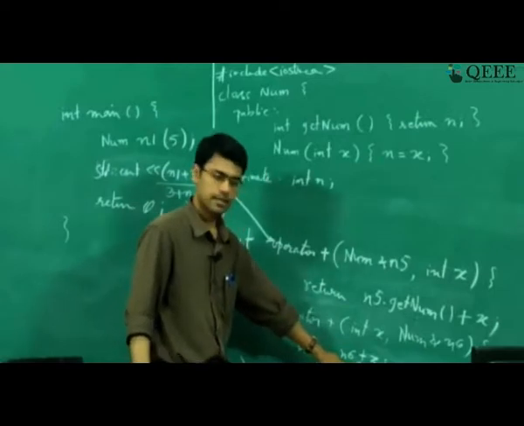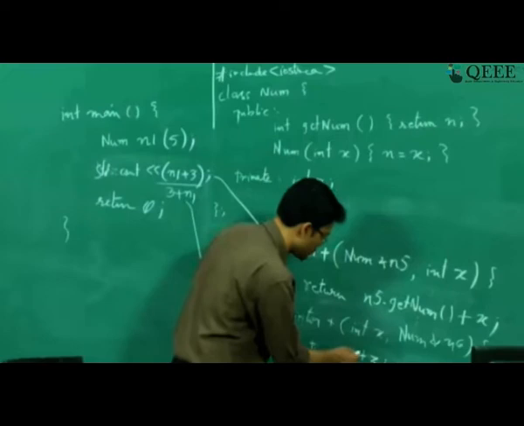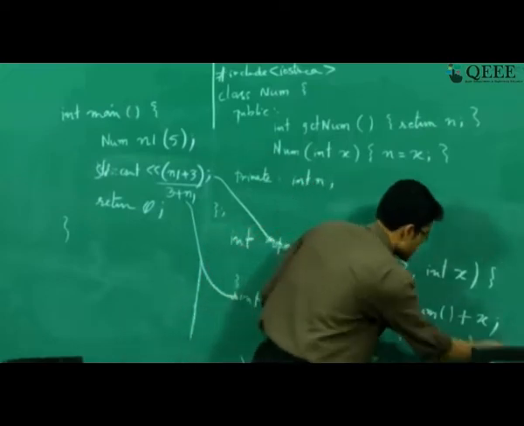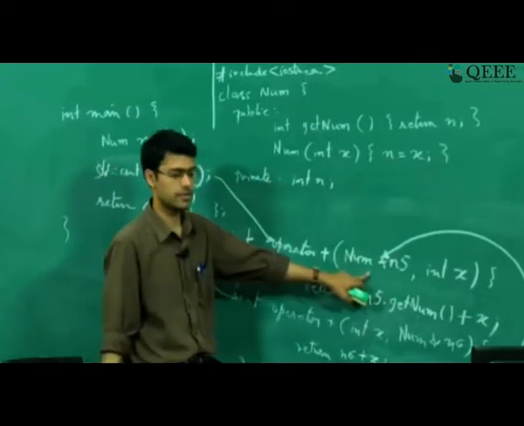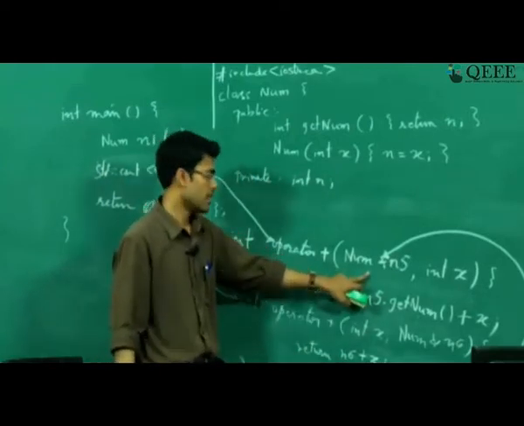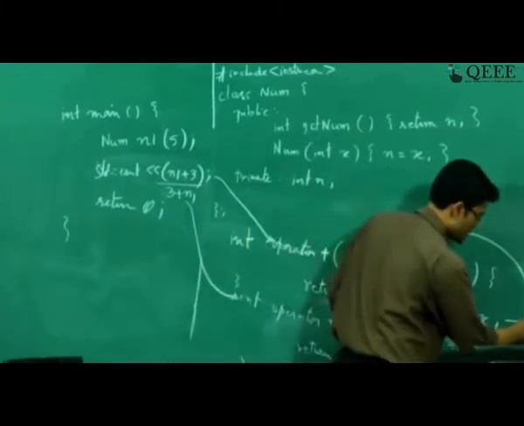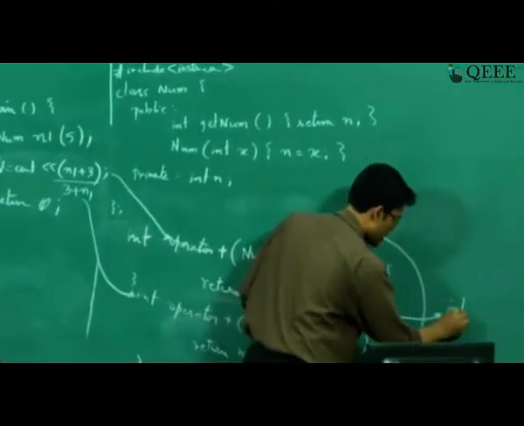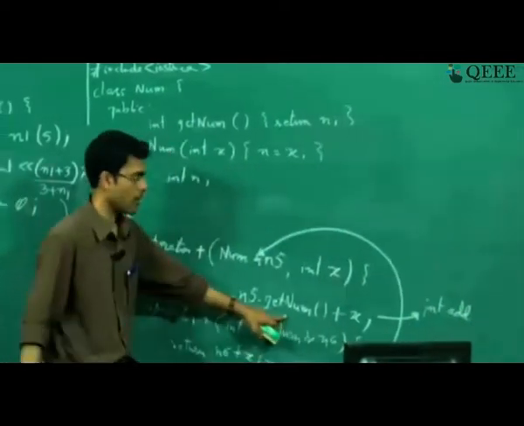The plus that is invoked from the second operator plus is going to invoke, let me put it this way, again this function, which is the first operator plus, and the first operator plus is actually invoking the integer addition. So this is the basic call which is going to happen.